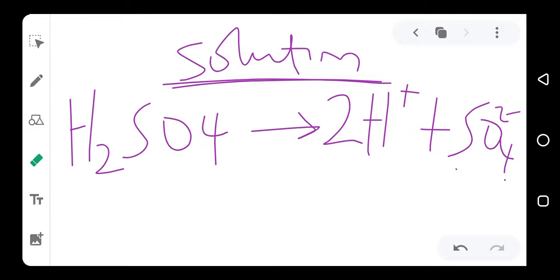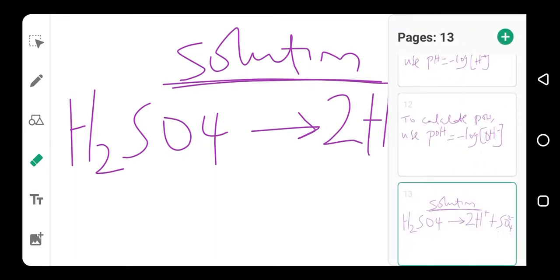Now, the next step is for us to find the equivalent concentration of the hydrogen ion produced. That is step 2.